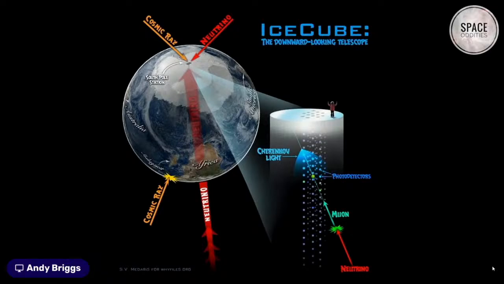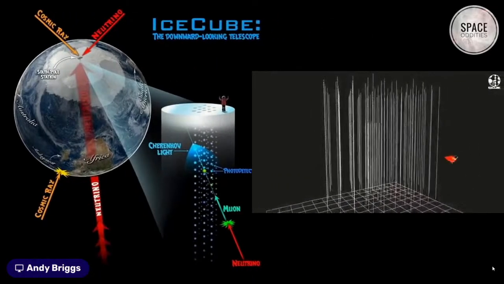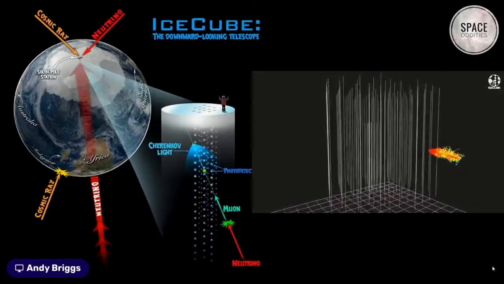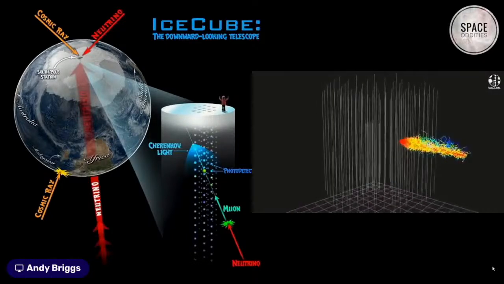So they've spent a long time working out exactly where these neutrinos are coming from. They come from all directions, of course, but a lot of them come straight through the Earth to the detector at the South Pole. And here's an example of a muon passing through the detector. As it passes through, you will see the blue lines.